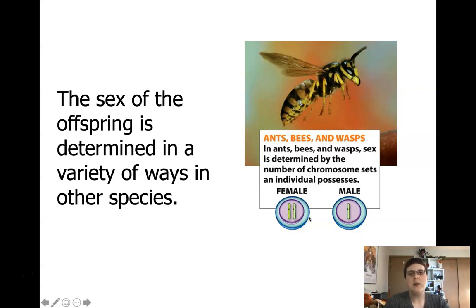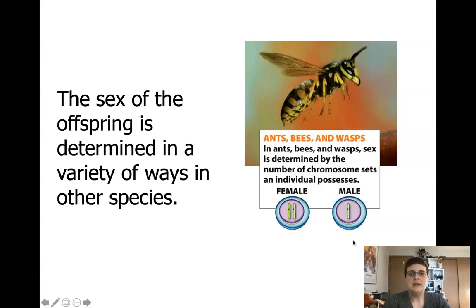It's determined by the number of chromosome sets. So is it haploid, do they have just one set, or are they diploid, do they have two sets? If they have two, they're going to be a female. If they have one, they're going to be male.